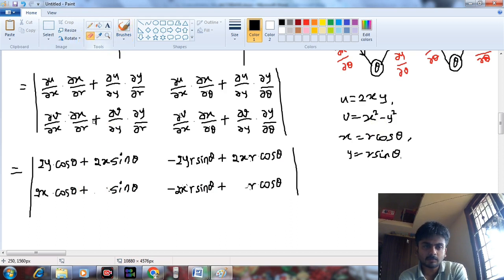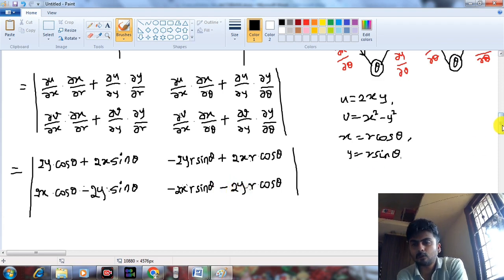I am deleting this plus as well as this plus, and we are having minus 2y. Here also minus 2y. Now we have to take the determinant.